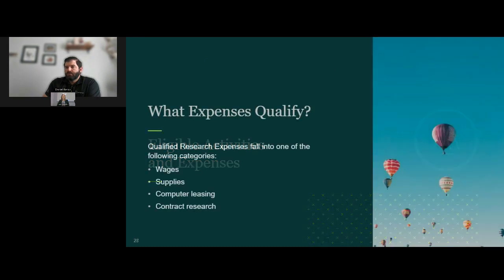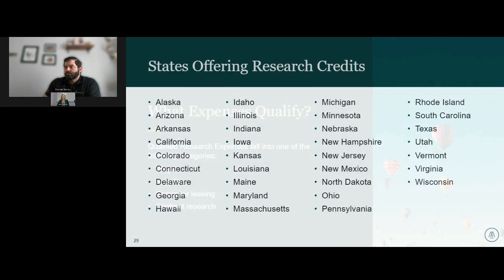And we'll move on to some actual examples. But first, wanted to bring up that the R&D credit is a federal or domestic credit. So the credit is based on all domestic expenses, but there's also several state credits that are available. And this is our list of state credits. Each state has a different calculation and a different percentage.